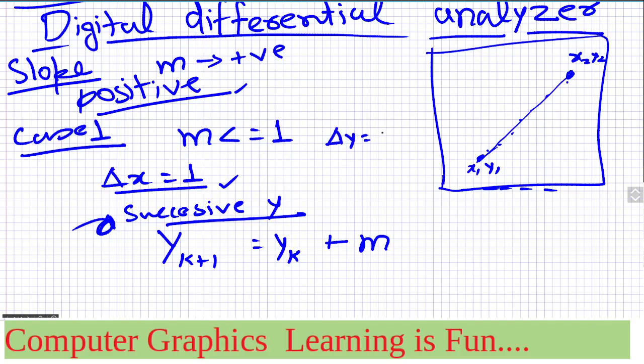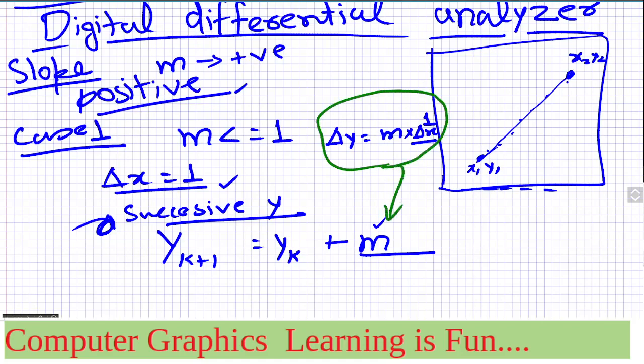Delta y was m into delta x. So delta x is already 1, so the only thing to be added is m. So in y, to whatever the earlier y value was, the new intercept is to be added.